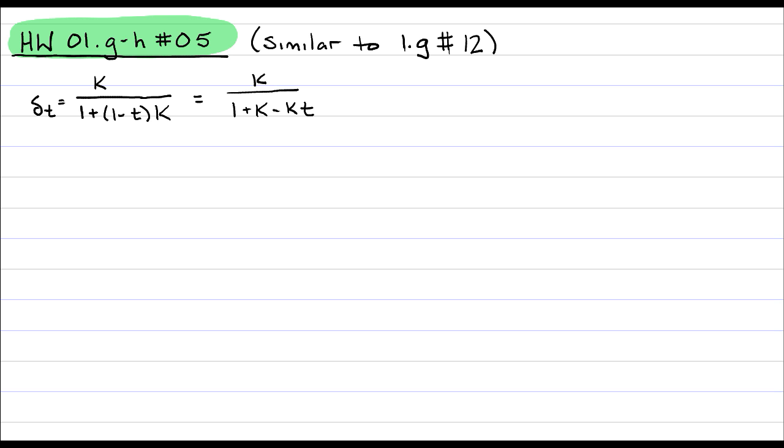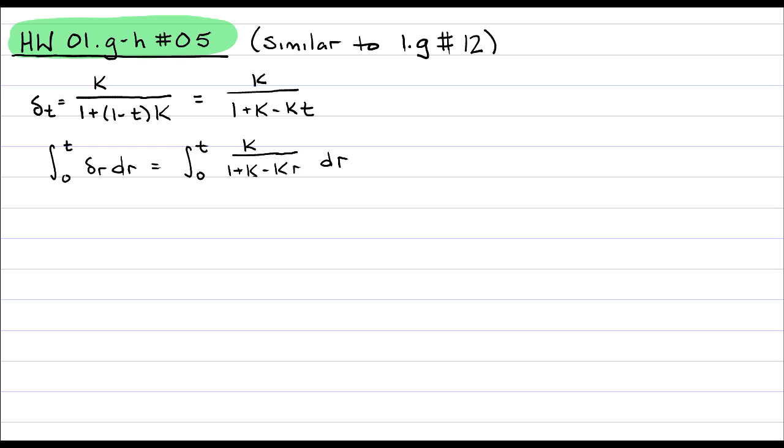So now when I plug this into the integral from 0 to t of delta r dr, that's going to give me the integral from 0 to t of k over 1 plus k minus kr dr.